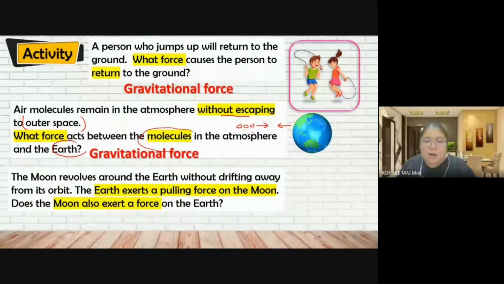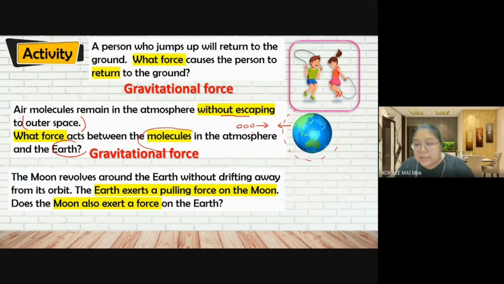Moving around the earth without drifting away. From the orbit, you see the moon goes round the earth. It never runs from the orbit. It keeps moving around the earth. So the earth exerts a pulling force on the moon. Does the moon also exert a force on the earth?